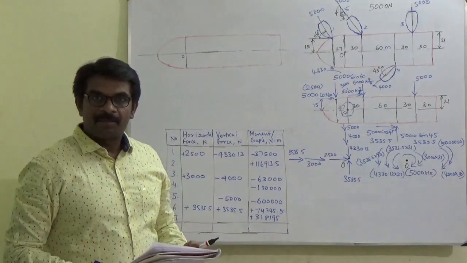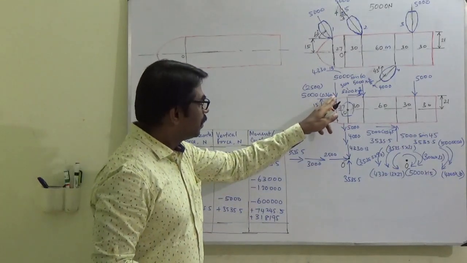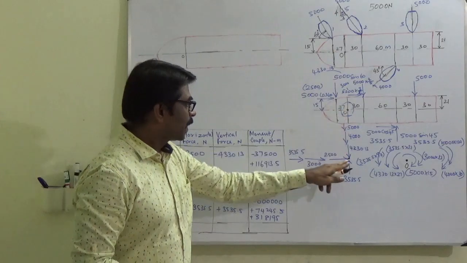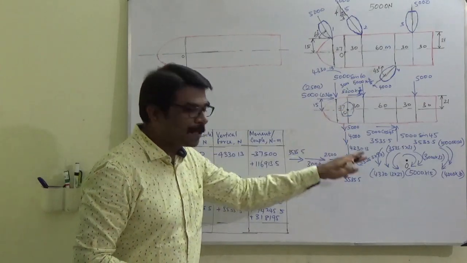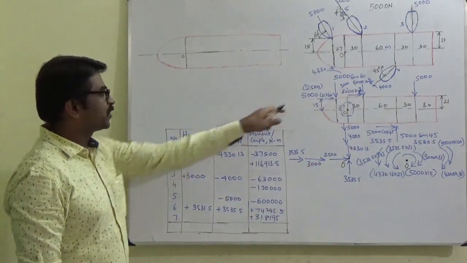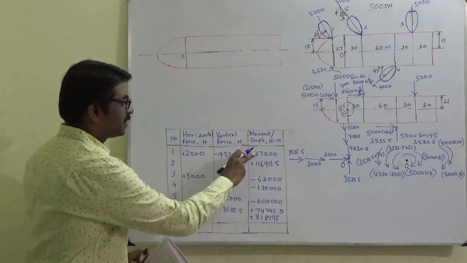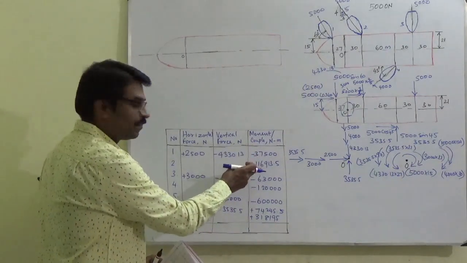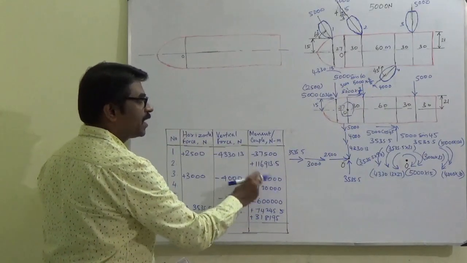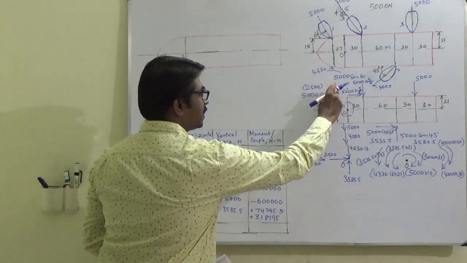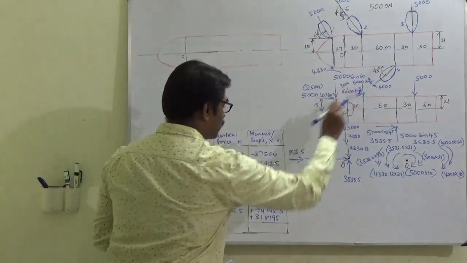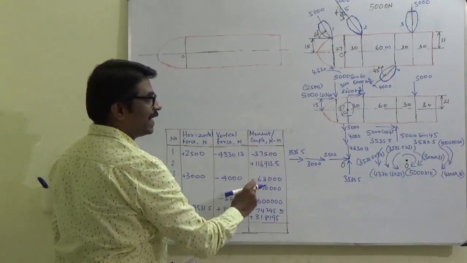What have I done? I have brought all the forces to this point. Okay, all the forces, with the corresponding moments. So this is the first force, these two forces and the corresponding moments. These two forces and the corresponding moments. So here this is anti-clockwise, so it is positive. All these three forces are clockwise, so it is negative.